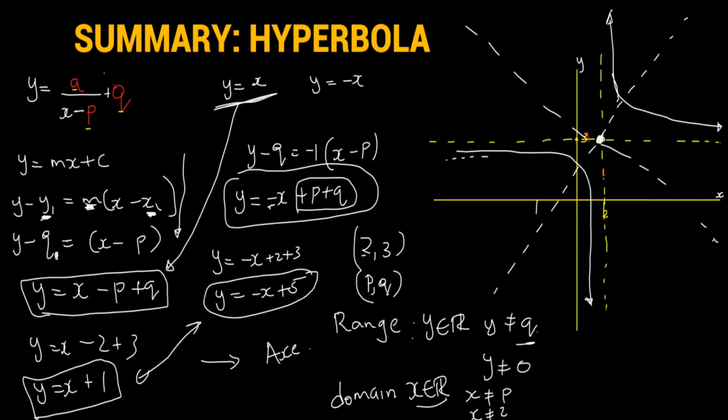You can have a graph. So on the second example, we're going to have a graph, and we're going to have to find the values of p and q and a. So you need to be able to tell from the graph as well.